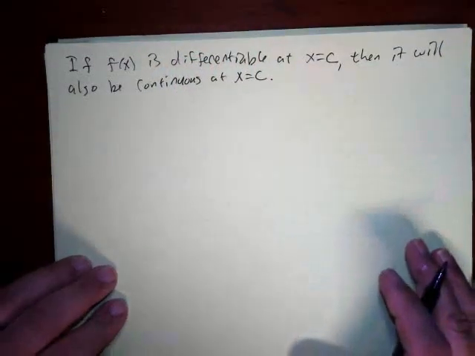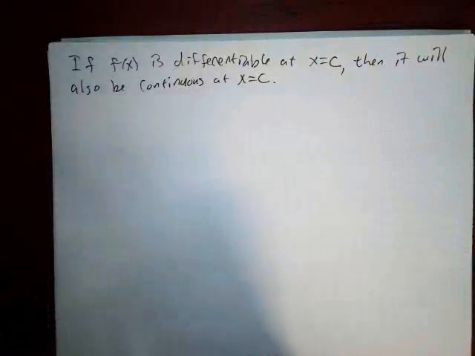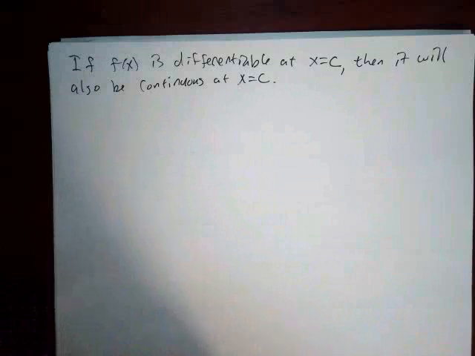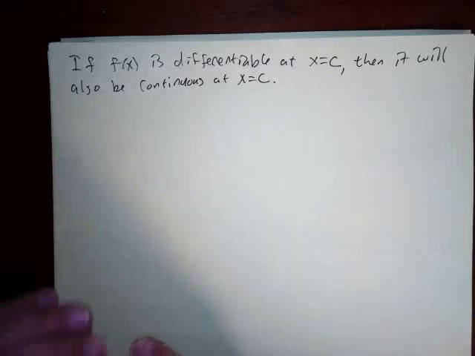Okay? Now, this isn't true the other way around. This is where in math, these if-then statements are very important. They go one direction, but they don't necessarily go the other direction. So I can't say that if it's continuous at c, then it's going to be differentiable at c. It doesn't necessarily go the other direction, and I'll show you that in a second.